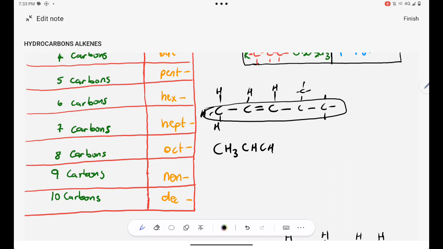The second carbon has 1 hydrogen as well, and then there must be a bond there. I have 1 hydrogen, but now I have a side chain. Please, guys, do write your side chains in brackets. And then I have CH3 over there. Are you together? You can move from this to this easily. Your duty is to know how to move from this part to that one, and then be able to name the compound itself. Are you together?